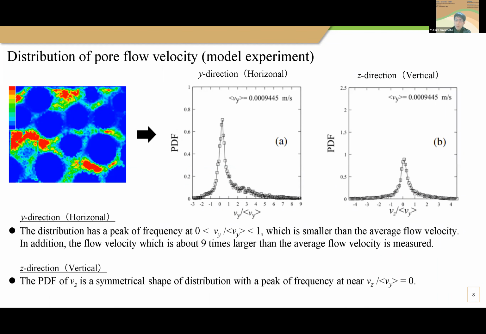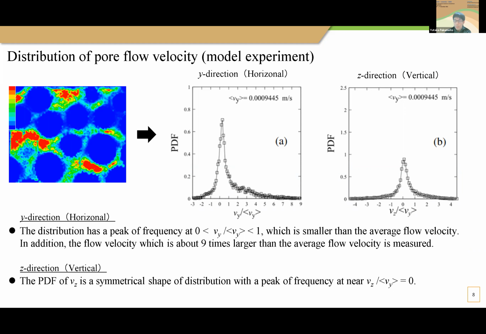Now we will investigate the distribution of pore flow velocity. These are PDFs, probability density functions, of the magnitude of the flow velocity in the y and z directions. From the PDF of the horizontal direction, we can see that the distribution has a peak of frequency at from 0 to 1, which is smaller than the average flow velocity.